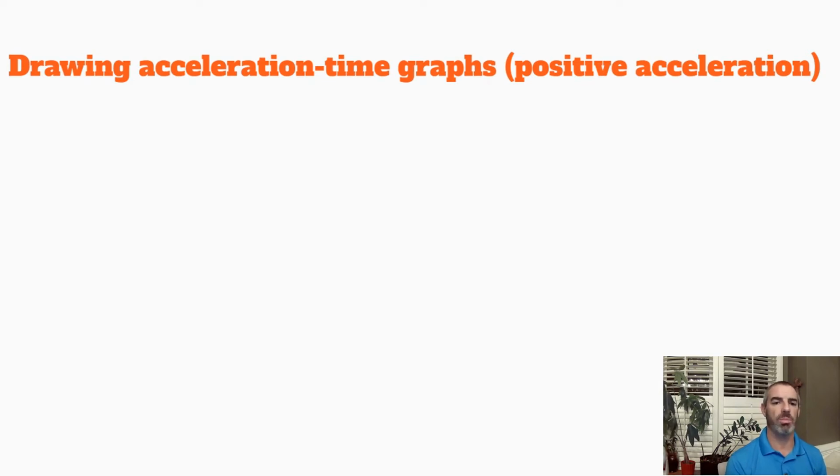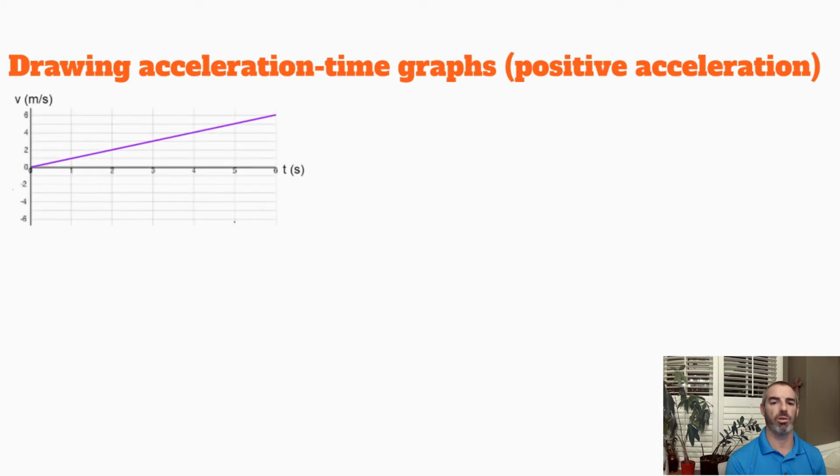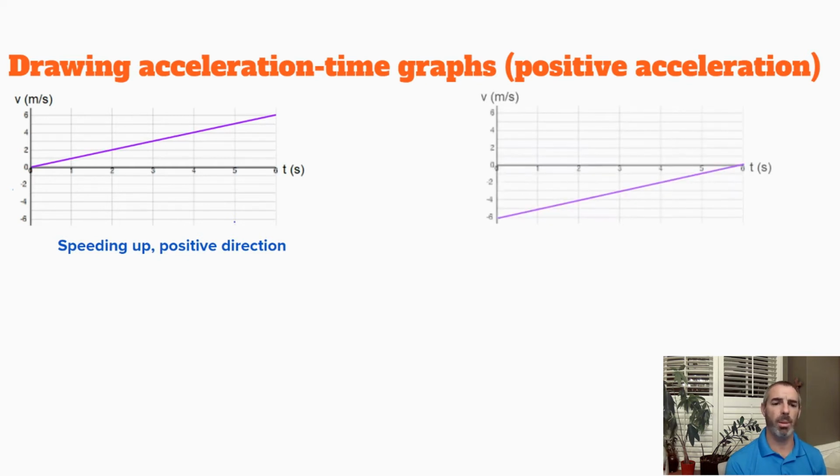So let's start first by looking at the graphs for acceleration time for positive acceleration. Let's start with our velocity time graphs. We have a velocity time graph from our previous video, where this shows that it's speeding up in the positive direction. It's speeding up because it's getting further from 0 and it's drawn on the positive side. The second graph, drawn on the negative side and getting closer to 0, shows that the object is slowing down in the negative direction.